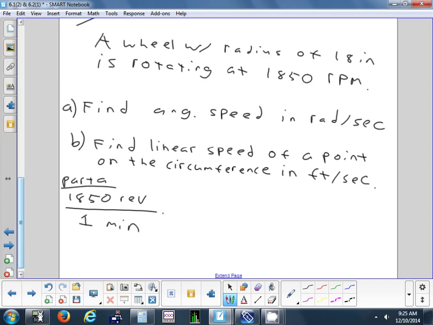Somebody tell me the first conversion I would multiply by. And you have 2 choices here. You can either start dealing with revolutions or you can deal with minutes. Either way.